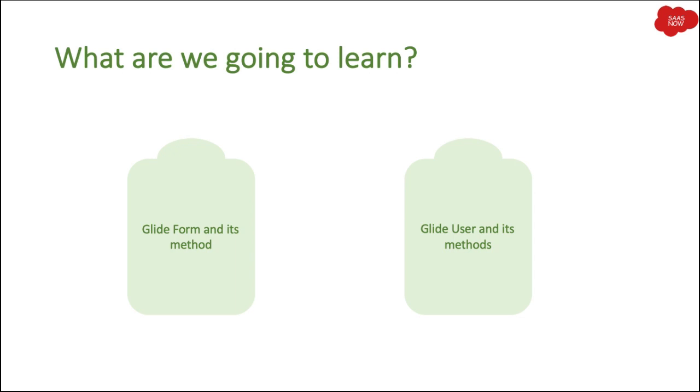When your customer or client asks you for some requirement, and you think this requirement I can fulfill with the help of a client script, not any other functionality we have in ServiceNow, then when you start writing that client script, you have to be aware of some API and methods so that you can write and fulfill the functionality. That's our goal of this particular session.